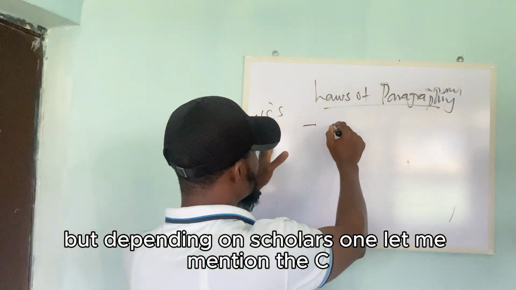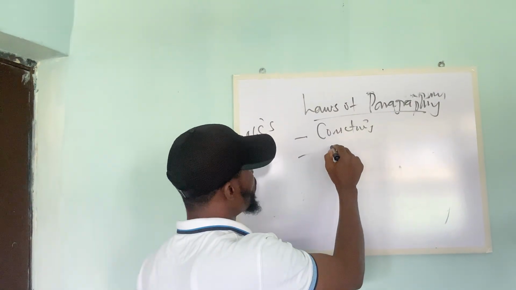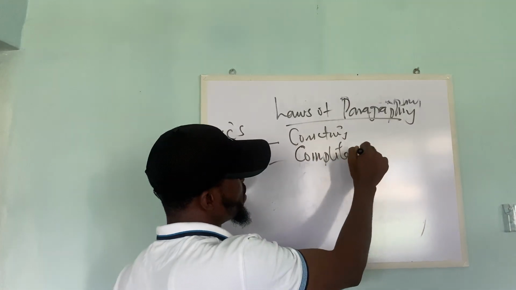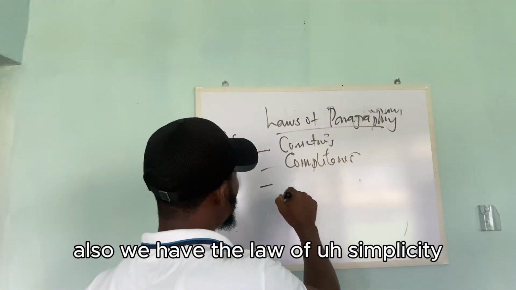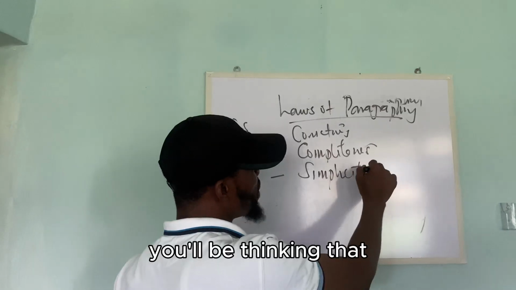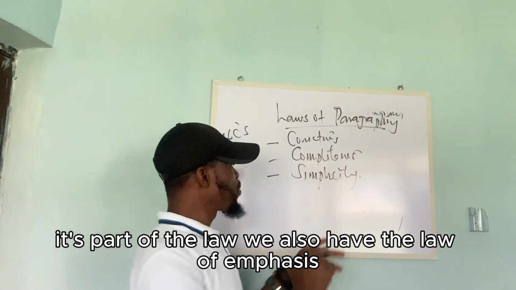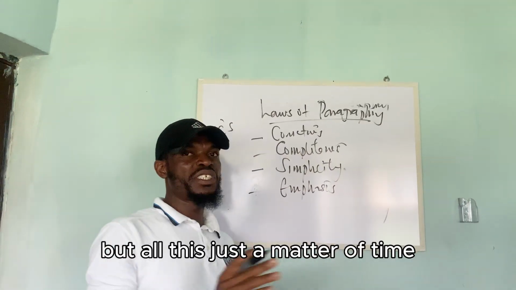Let me mention the six. The law of completeness. Also, we have the law of simplicity. You'll be thinking that simplicity was already mentioned as a characteristic. Yes, it's part of the law. We also have the law of emphasis. But all is just a matter of time.